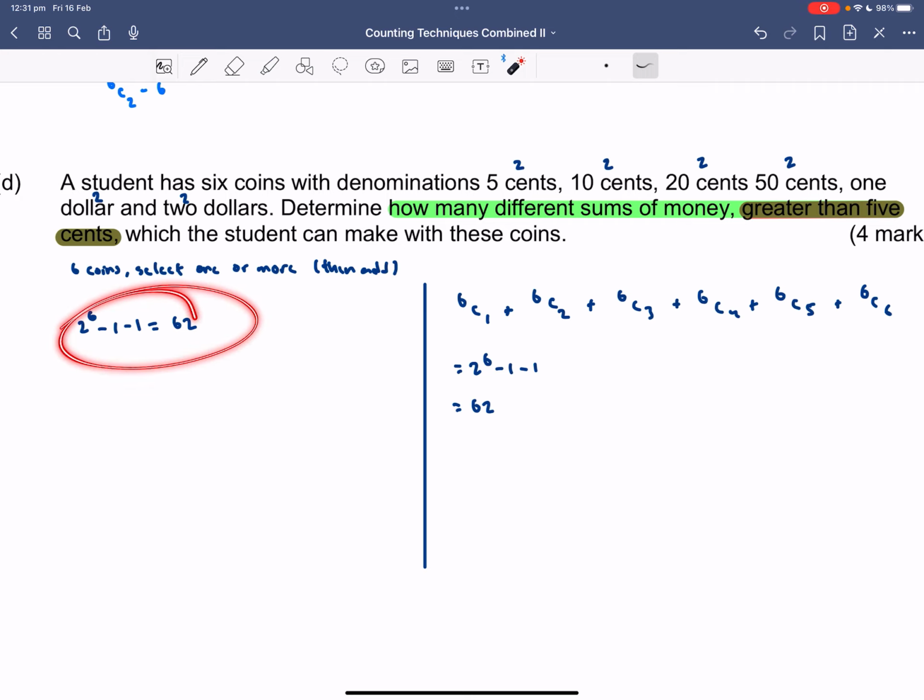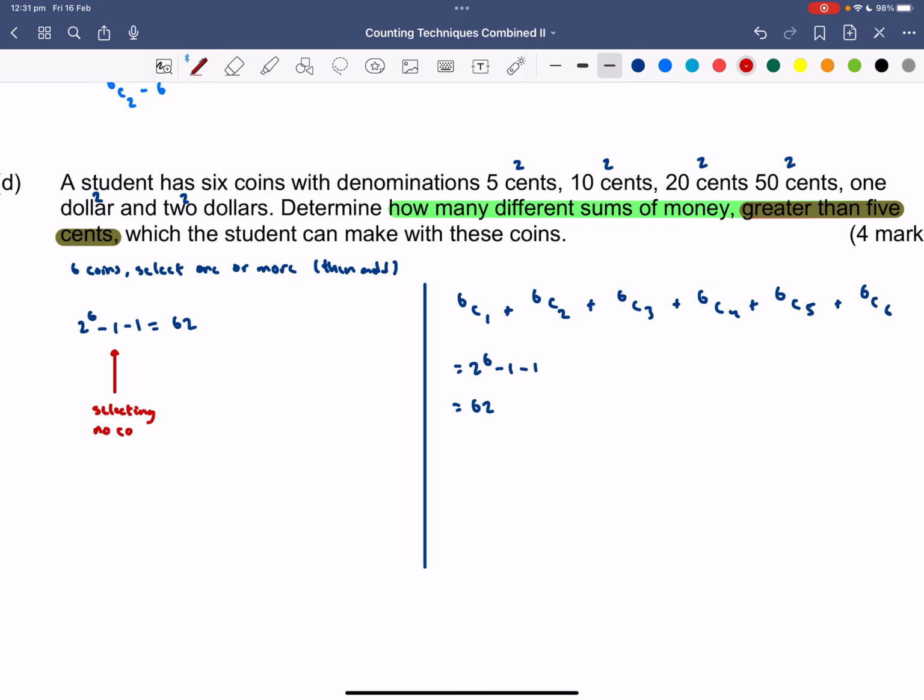Alright, you could have just done 2 to the power of 6, and then you could have minused away the 2 illegal combinations. The 2 illegal combinations was selecting no coins. That's one illegal combination that I had to minus away. Selecting no coins. And the other illegal combination that I had to take away was selecting the 5-cent coin only.